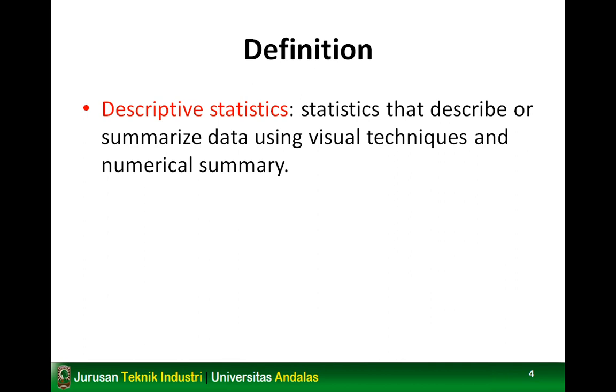Based on the summary of the data, and the pictures that we draw based on the data, we try to get some information, and based on that information we are going to make a decision. That's the objective of descriptive statistics. We try to get information from data, and based on that information, we will make a decision.